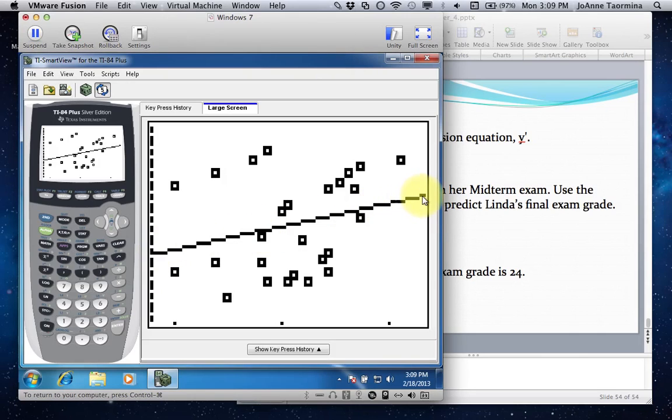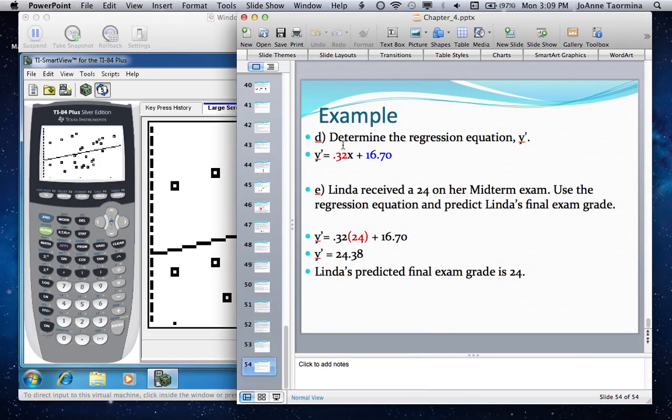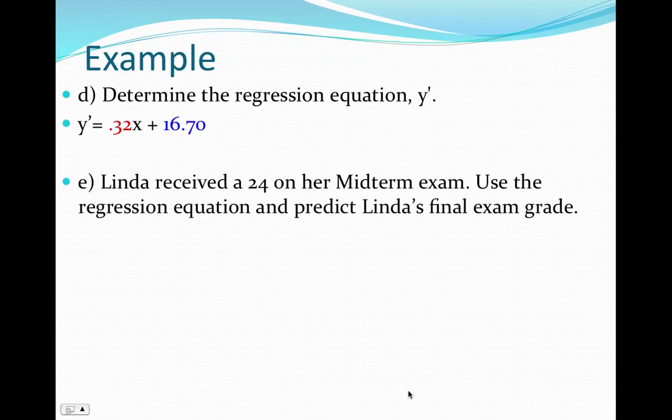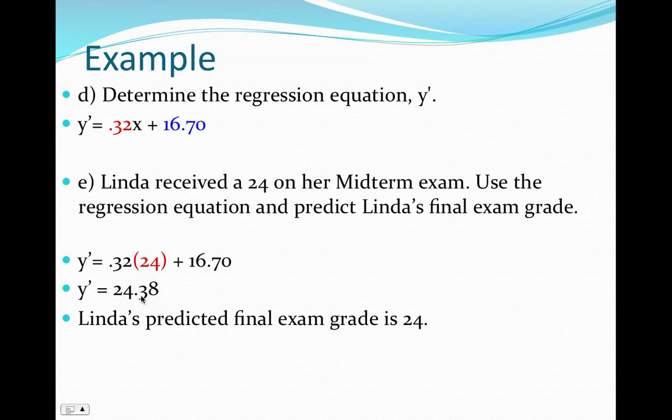So therefore, you would answer parts D and E to the best of your knowledge, but in reality, I would not bet that 24.38 is a very good predictor, because the R value and the R squared value came out to be very low numerically.